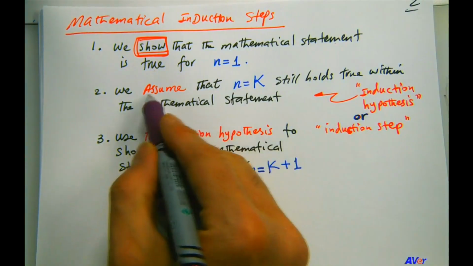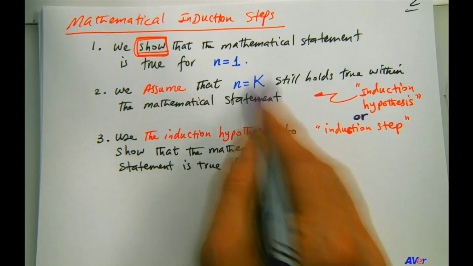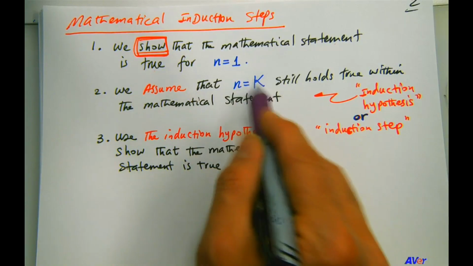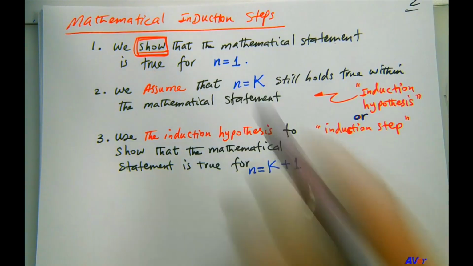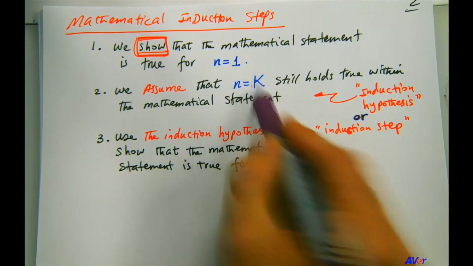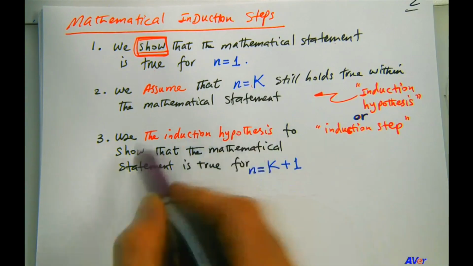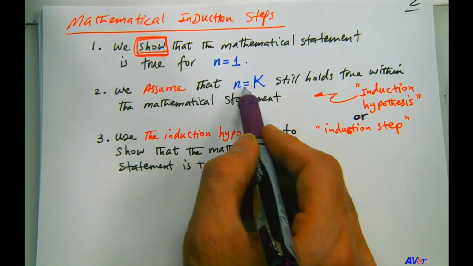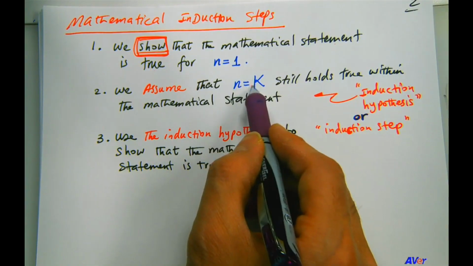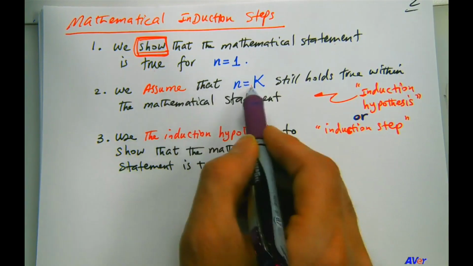Then we assume that n equals k. K is not a number. It's always this variable k. You can call it m or q, whatever you like, but your book calls it k, so that's what I call it. And then we assume that is true. We don't show this. We don't actually plug this in. We assume that this is true.